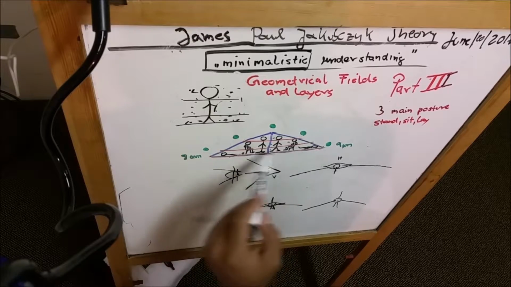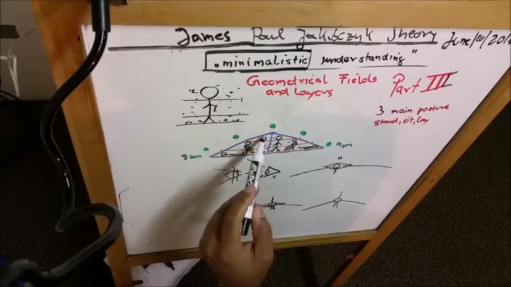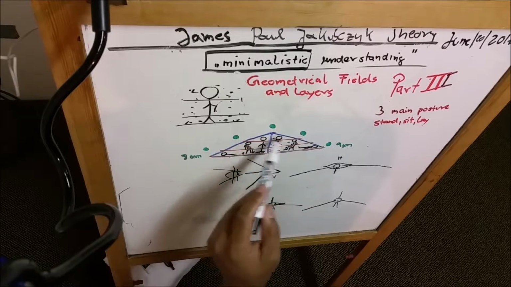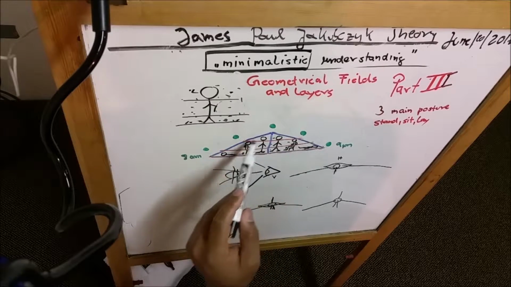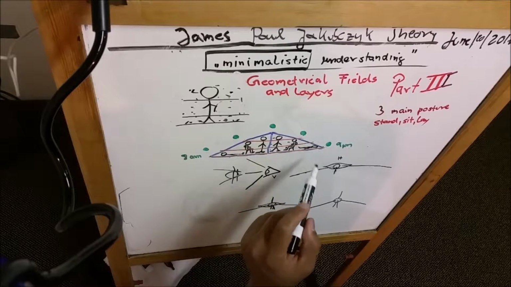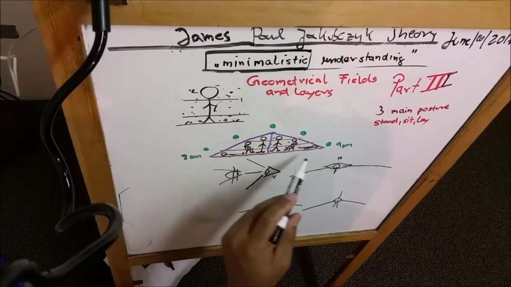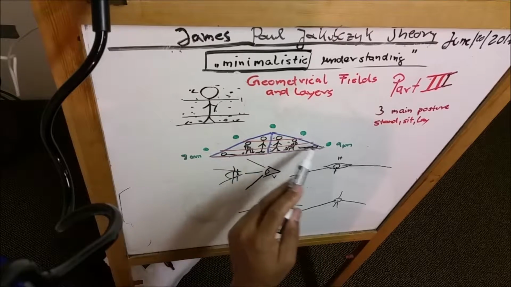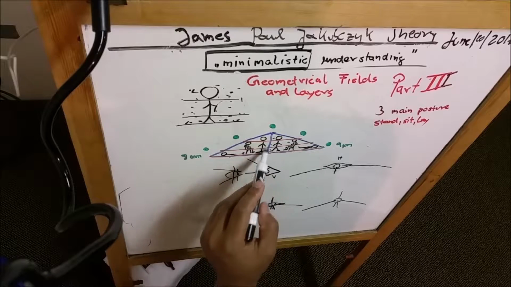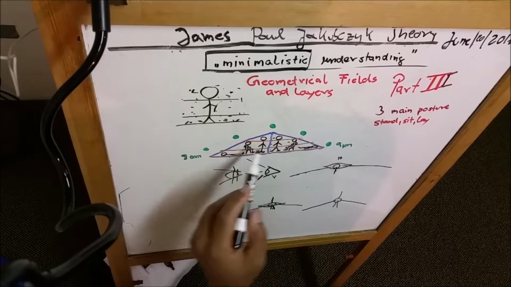ground level. I call this the ground level, the upper body level, and this is the head level, right? Geometrical fields. And it looks like a triangle, and here's the ground level where we mostly sleep or take a nap, or our body is in rest mode. So you see there are already geometrical forms.